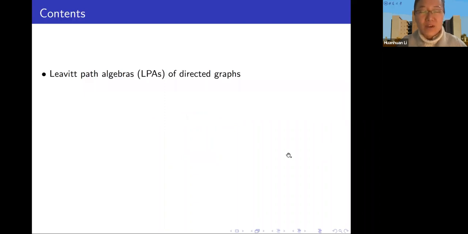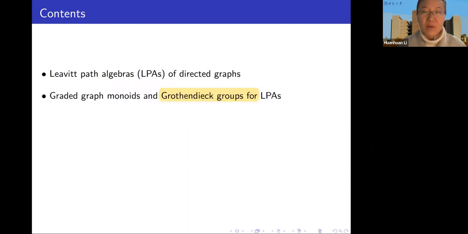For my talk, it will contain the following several parts. The first part, I will introduce the definition of Leavitt path algebras for directed graphs, and we will also see some simple examples. For the second part, I will talk about the graded graph monoids and the Grothendieck groups for Leavitt path algebras.